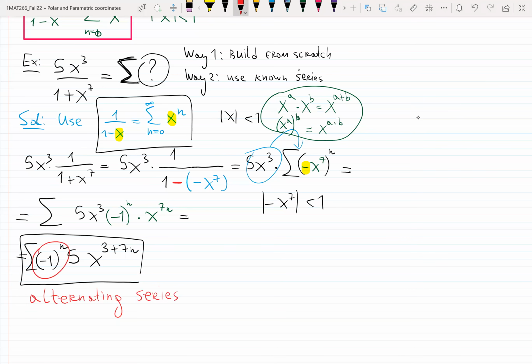It might start with minus 1 or not, but it changes the sign. So either it's plus, minus, plus, minus forever, or minus, plus. We usually don't write this down because it's going to confuse people even more. Alternating means changing, alternations. So that's what we wanted to do. And I will give you the formula, so don't worry about that.